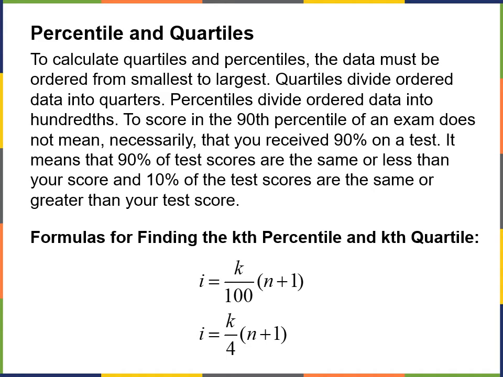To calculate percentiles, or quartiles, same thing, there are a couple of ways we can do this. We can ask two questions. One is, which data value falls in the 90th percentile, or which exam score would be in the 90th percentile, or third quartile, or first quartile, or whatever. Or we could say, here is a data value, here's a test score, I scored a 75.